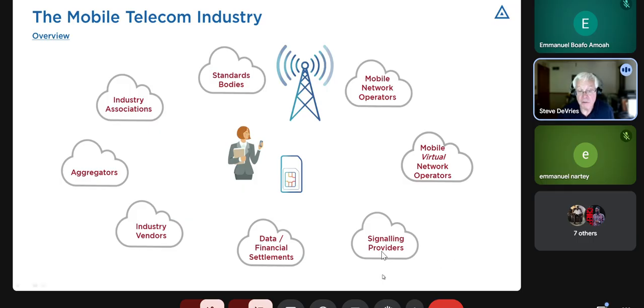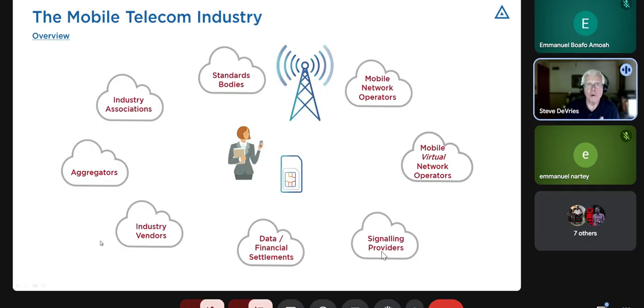So therefore, you need some kind of financial clearinghouse because Verizon might say Raphael was here for 3 days. MTN might say Raphael's never left our network. So we have to settle these accounts. So again, there's financial clearinghouses. We'll look at those.